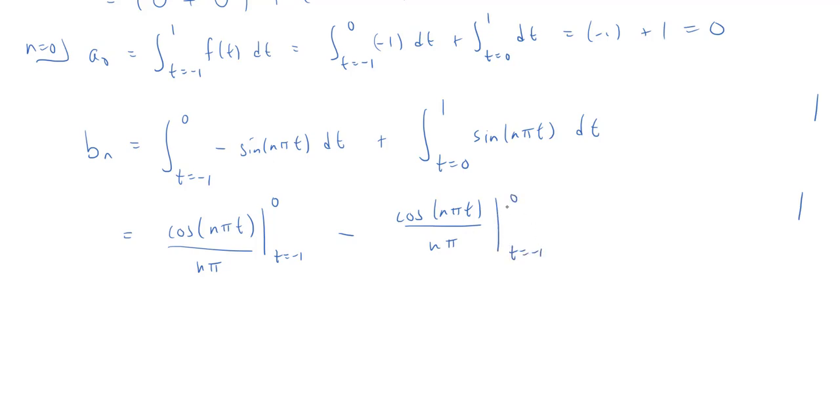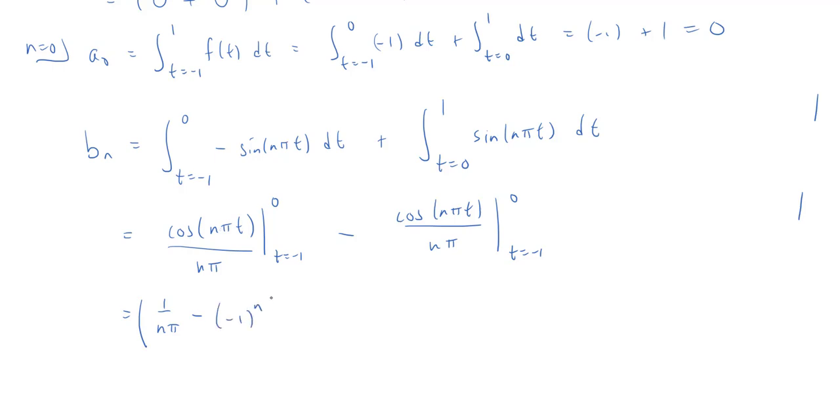Okay, let's see. At 0, I get cosine of 0, which is 1, divided by n pi, right? Okay, so 1 over n pi. That's fine. Minus, now what happens when t is negative 1? Well, actually, I don't care whether it's negative 1 or positive 1, because the cosine is an even function. So I might as well just look at n pi. And cosine of n pi is just an alternator.